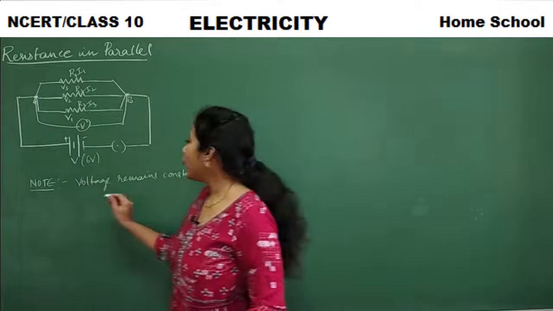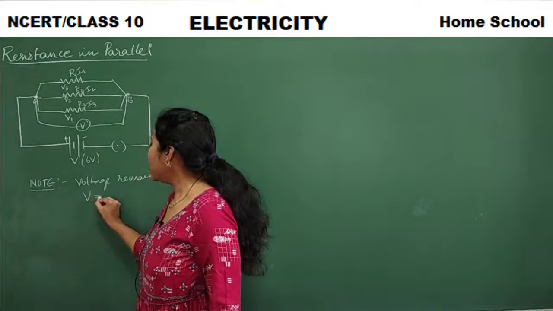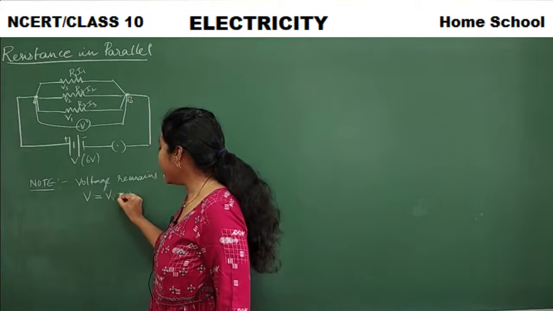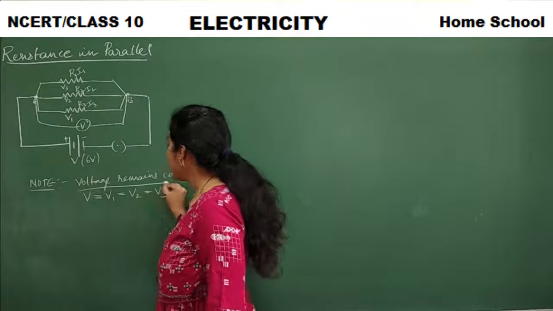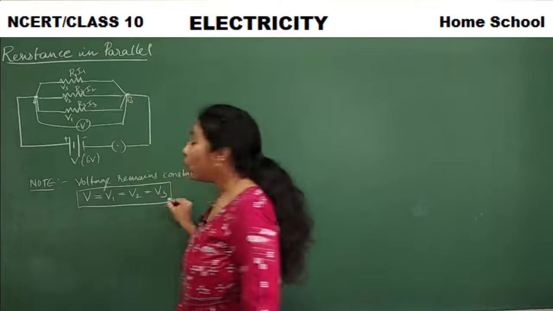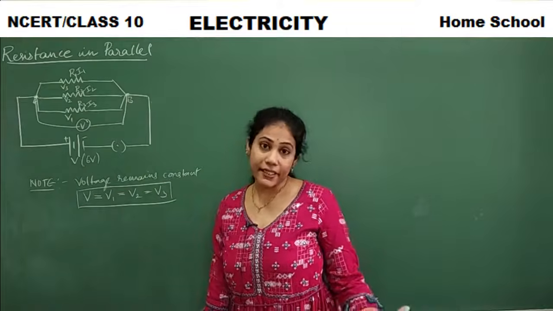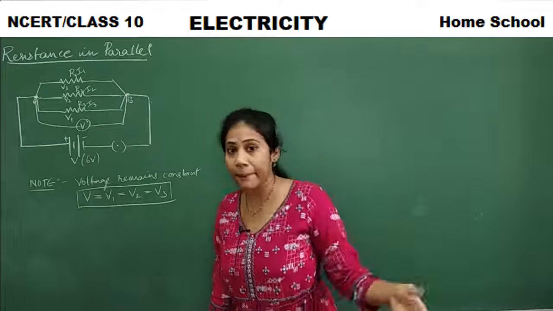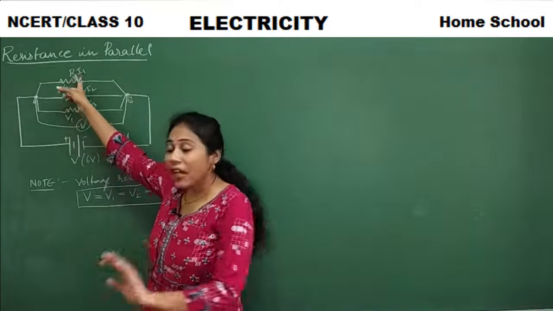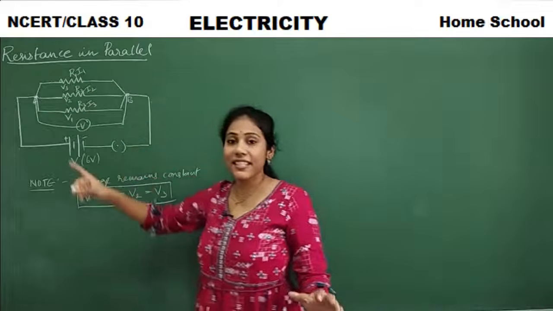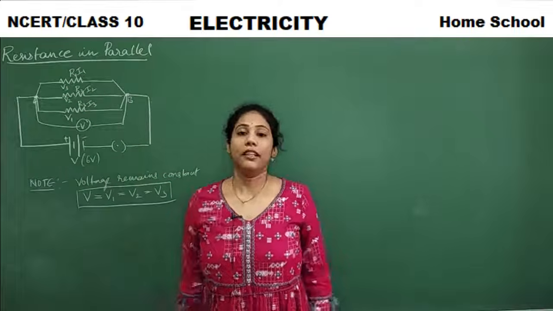So I can write here total voltage is equal to V1 is equal to V2 is equal to V3. This is what we mean by voltage is constant. Voltage is same, it is not different in case of different resistors which are connected in parallel.